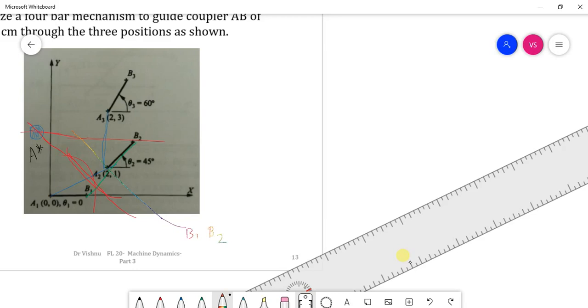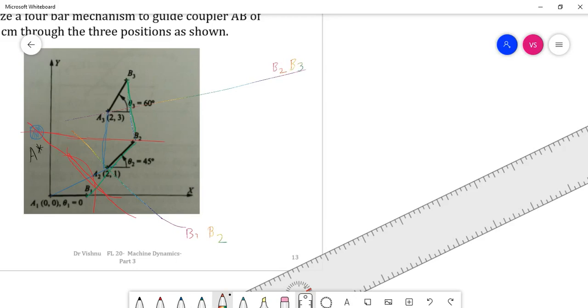Now connect B2 with B3. Use a green line. Repeat the process. Now we'll get another line which goes like this. So this is between B2 and B3.